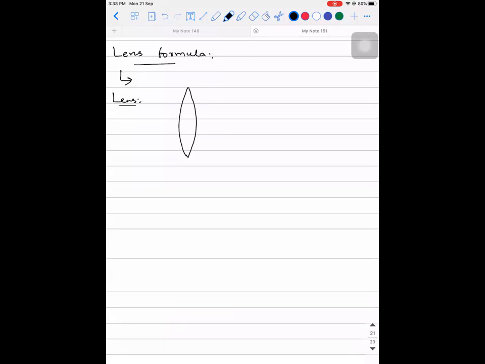So write it down. A transparent material with two refracting surfaces, where at least one of the refracting surfaces is spherical in nature, is called a lens.